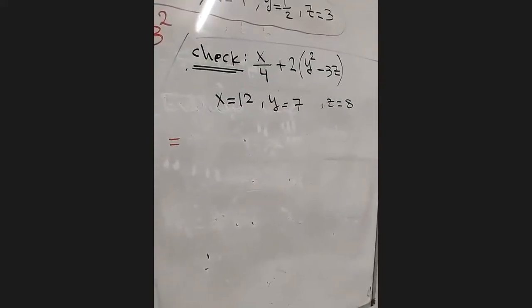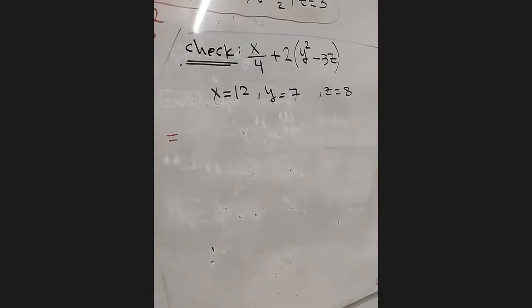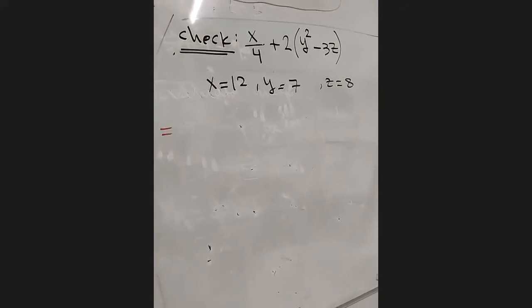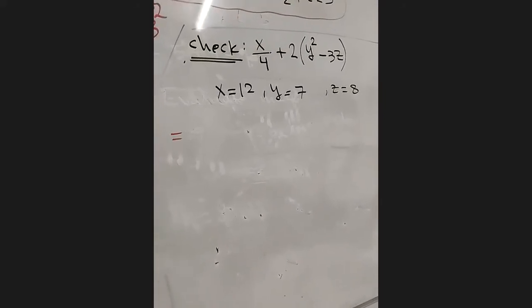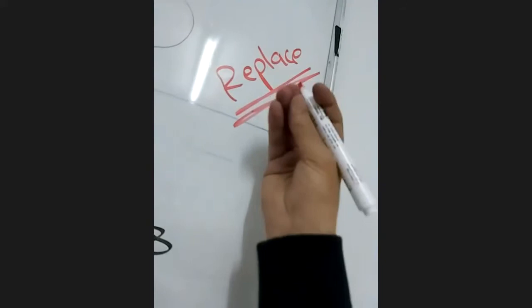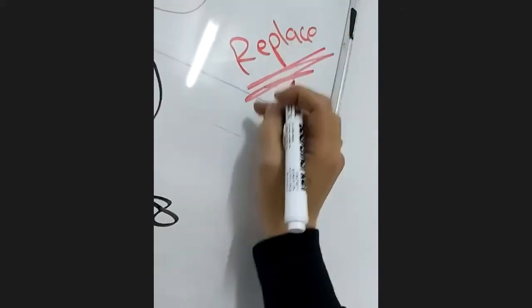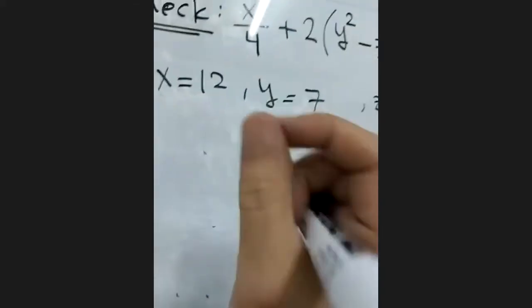Yes, we will make 12 over 4 plus, we are replacing, Mr. Right? Replace, guys. Don't forget this word, please. I beg you, guys. Replace, replace. It's an easy, small, cute, beautiful word. First, we need to replace. Replace the variables by their values. Please say that.